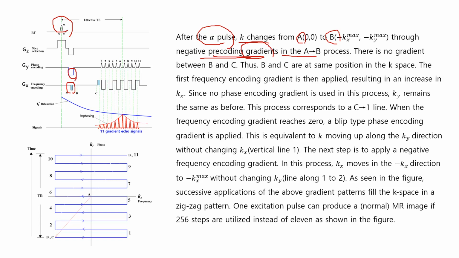So starting from A to B, at this point, at B, Kx will become minus maximum, and Ky will become minus maximum. So this position, so A to B is moving in this way.